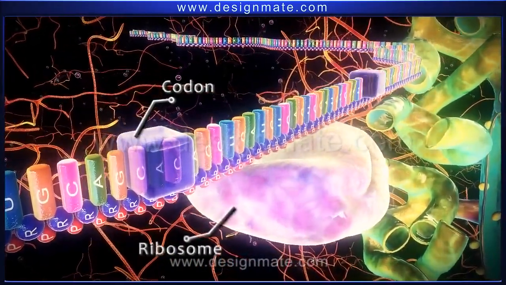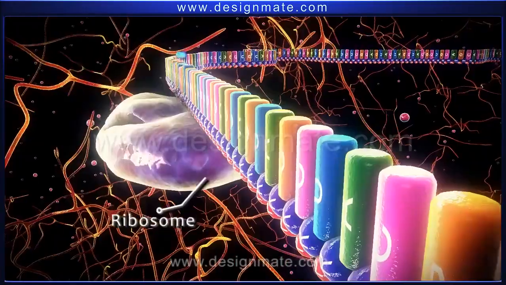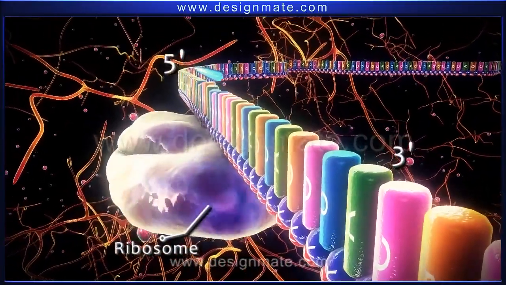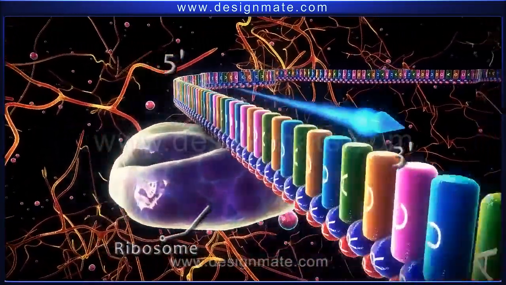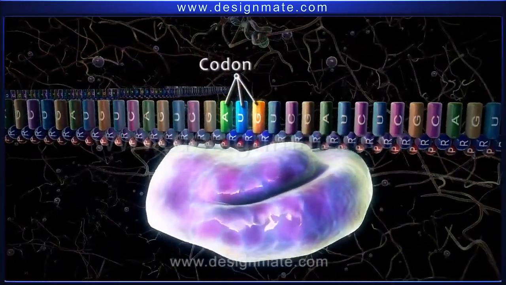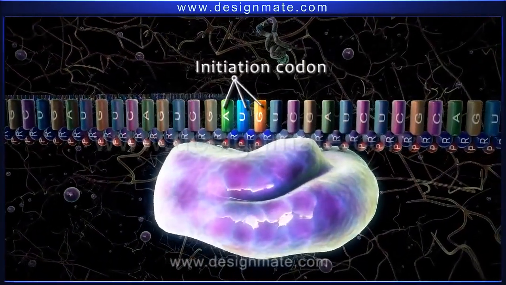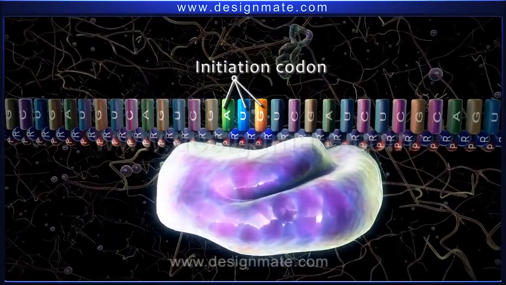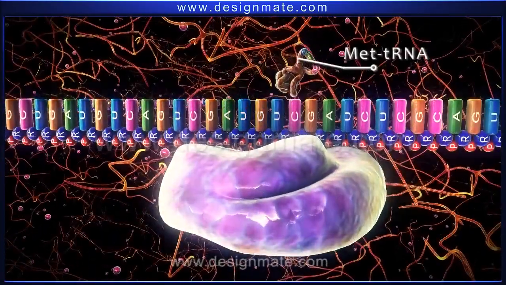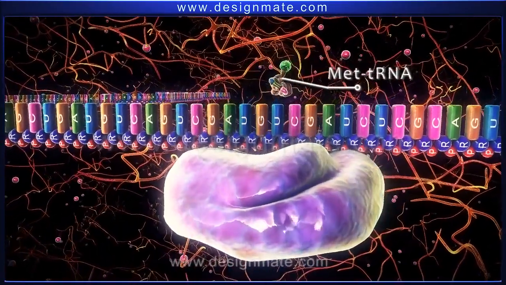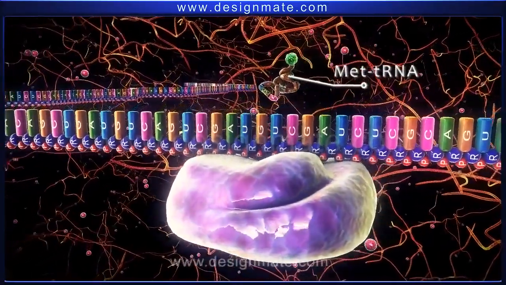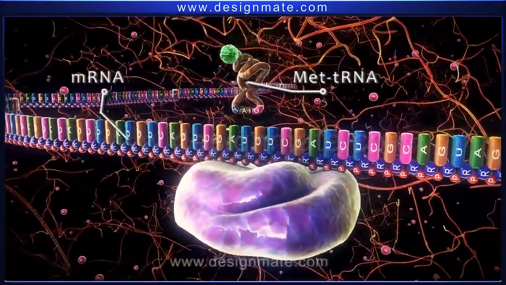Then the ribosome subunit moves along the mRNA in the 5' to 3' direction until it recognizes the AUG codon or the initiation codon. At this point, met-tRNA, possessing the anticodon UAC, pairs up with the AUG codon of the mRNA.